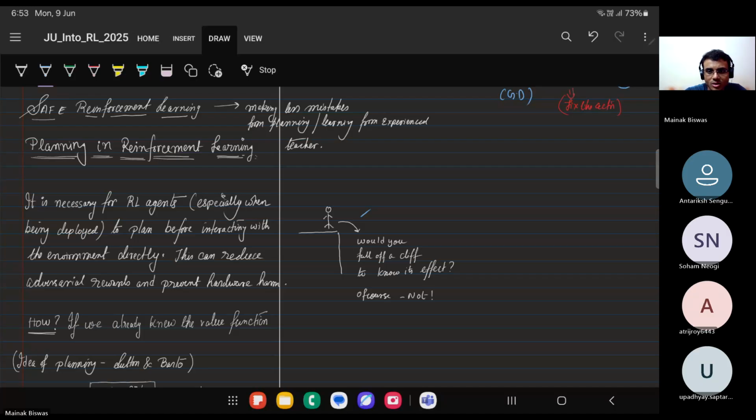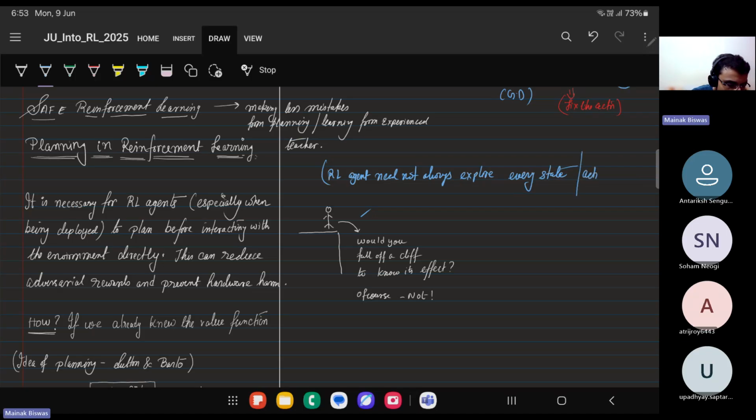The idea is the RL agent need not always explore every state and every action. This is the basic idea of safe RL.